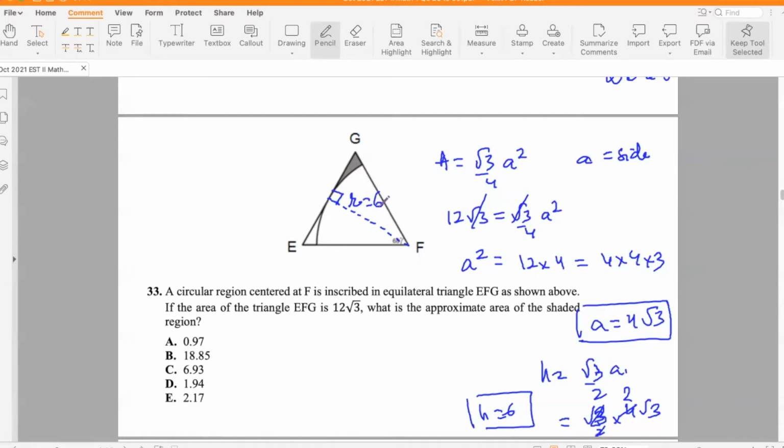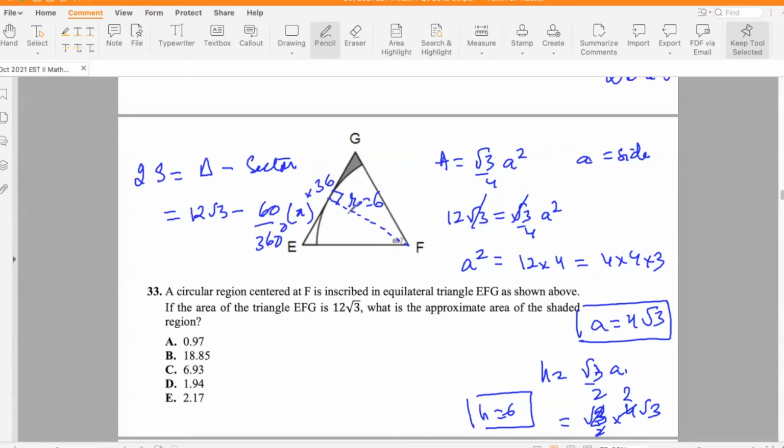So now, this shaded area plus this shaded area, which will be equal, so 2 times the shaded area will be triangle minus sector, right? So triangle is 12 root 3 and sector is 60 by 360 into pi r squared, which is 36, right?